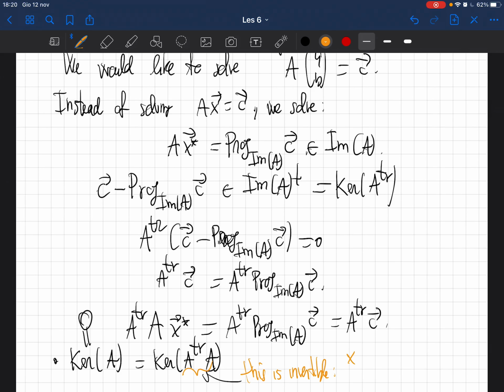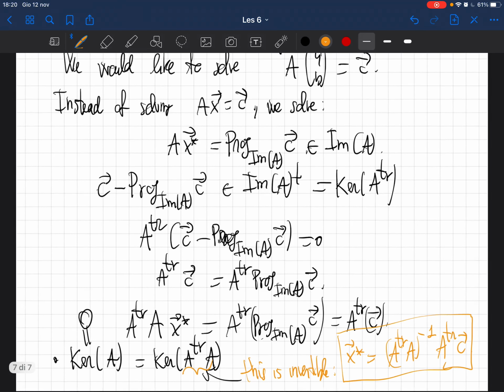And so you can find this x star by just inverting this and applying it to A transpose of C. This is essentially the least square method in this case.